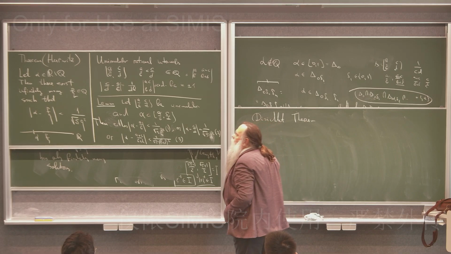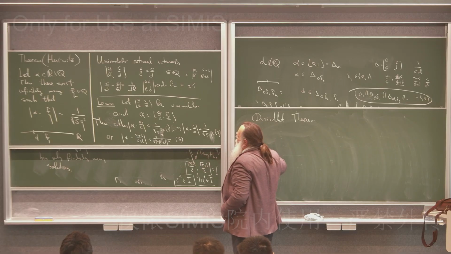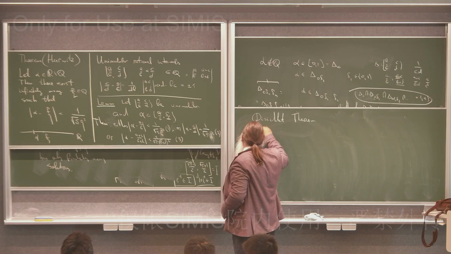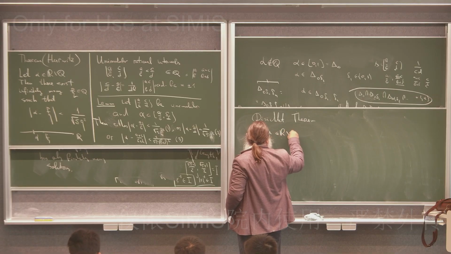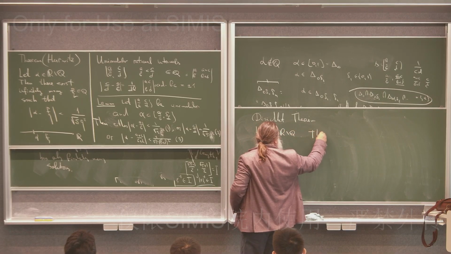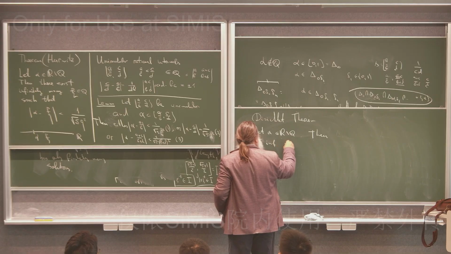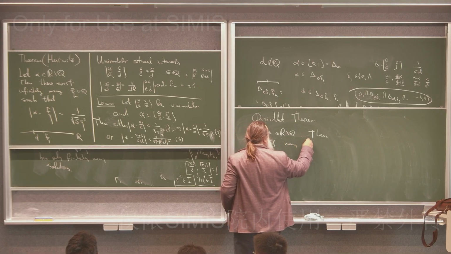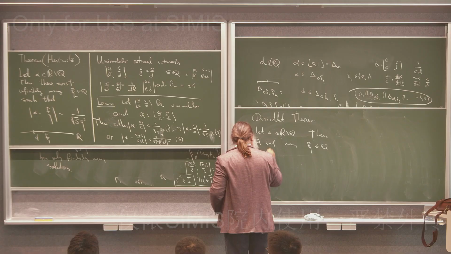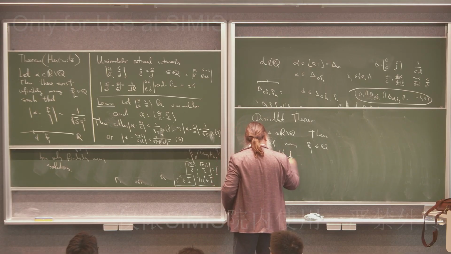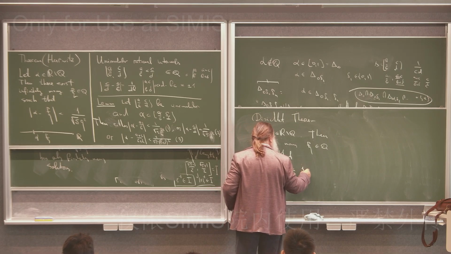We will prove the following fact, but by another method. Originally, the formulation: let alpha be real irrational, then there exist infinitely many rationals P over Q such that |alpha minus P over Q| is less than 1 over Q squared.